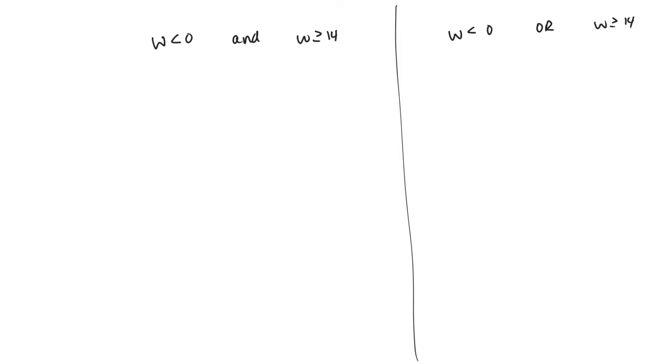All right, so let's look at this other example with an "and" or an "or." Let's say W has to be negative, so it's less than 0, and it has to be greater than or equal to 14. There's nothing shaded where both of those happen at the same time. So this would be nothing.